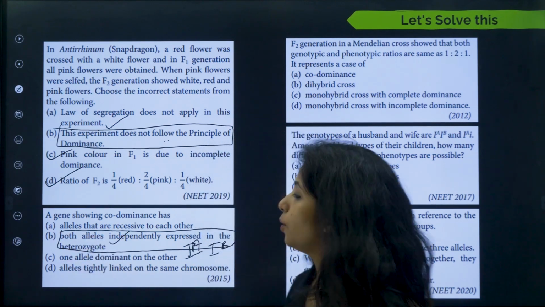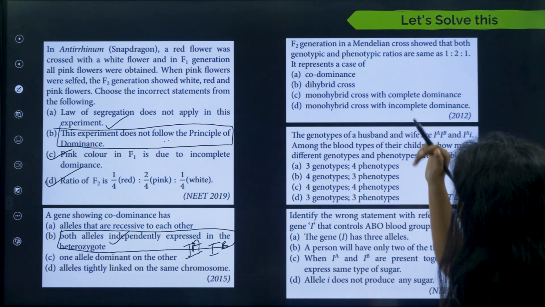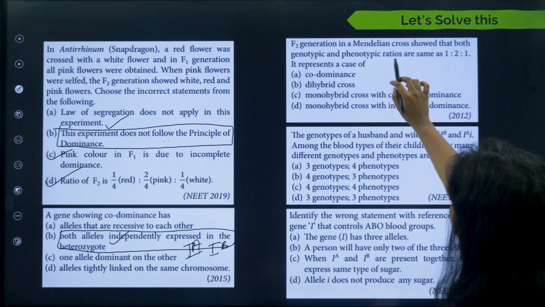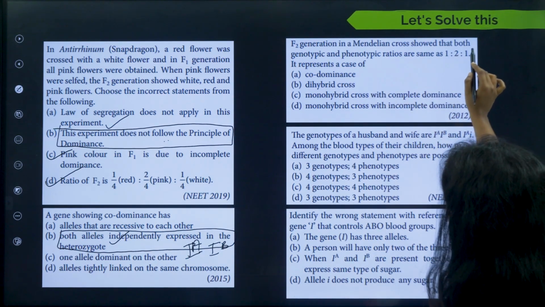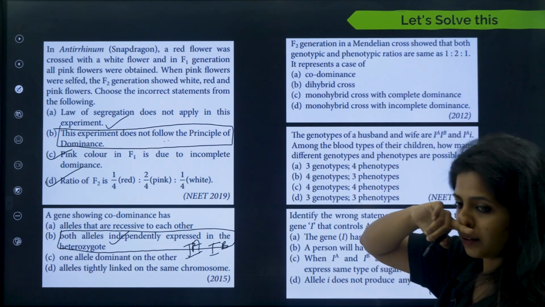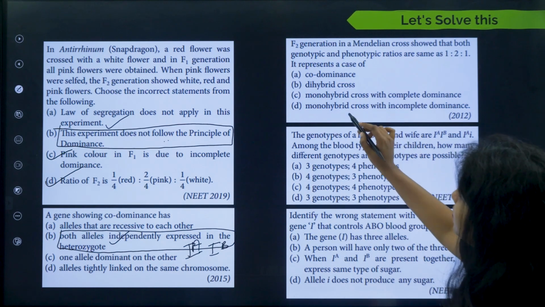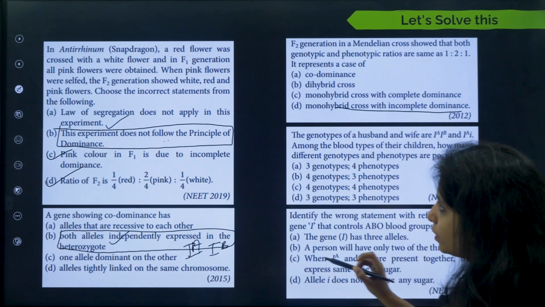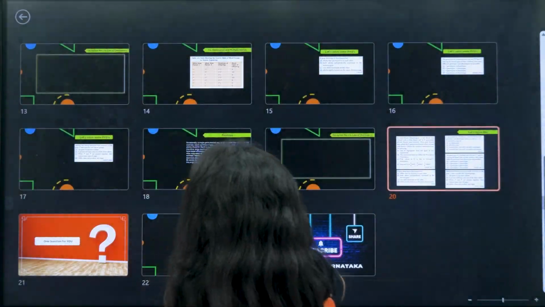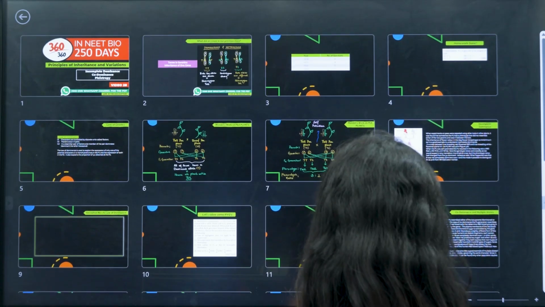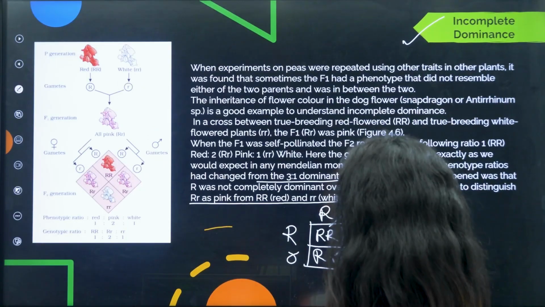Got it? Now, F2 generation in a Mendelian cross showed that both genotype and phenotypic ratio are the same as 1:2:1. In where? We saw this in monohybrid cross with incomplete dominance. If you are not remembering it, I'll show you. I think here we drew.